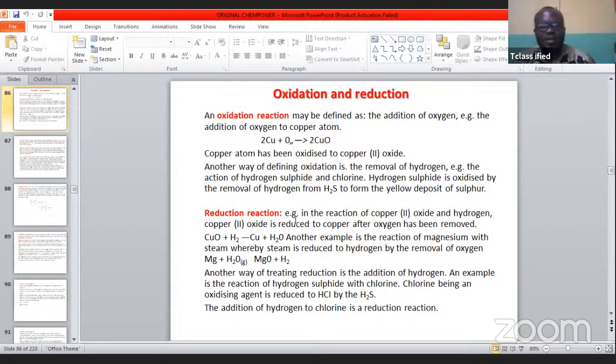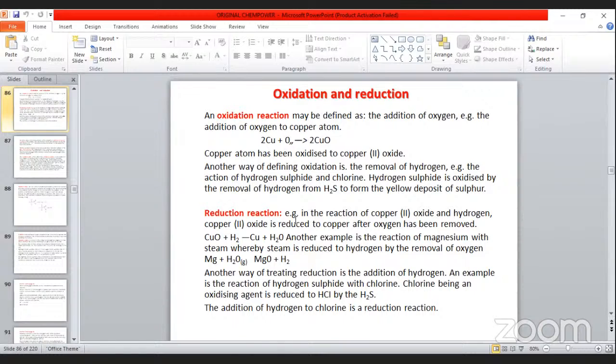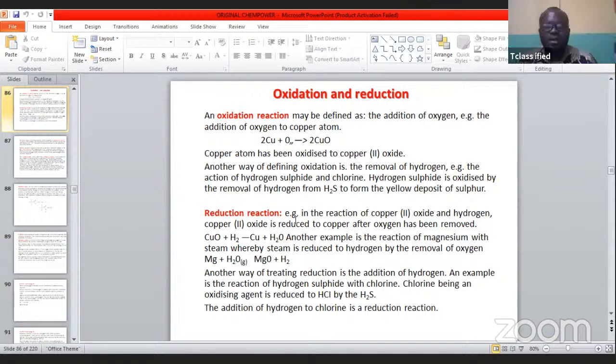So Johnson, can you help us with what oxidation is or what reduction is? Okay, sir. Oxidation is the loss of electrons during a reaction by a molecule, sir. Okay, yeah. That's very good.